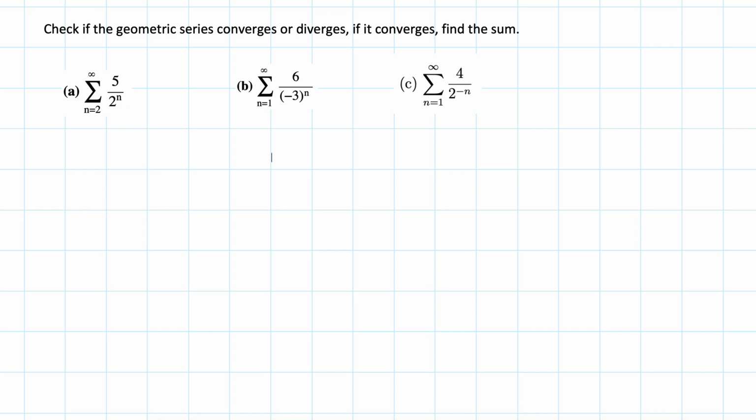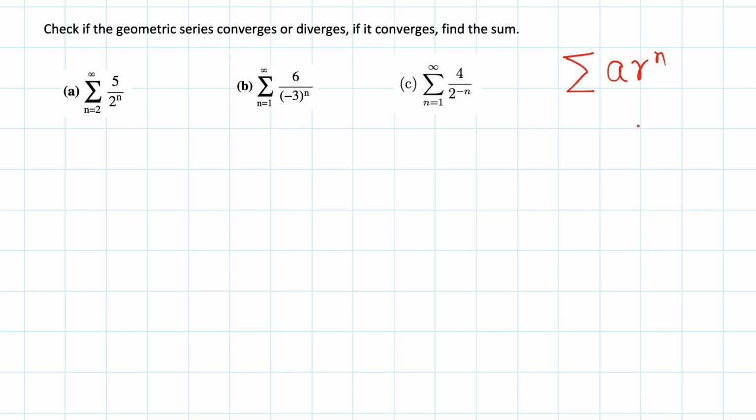So we need to write this in terms of a geometric series, something similar to some number r raised to n, where r is the common ratio.